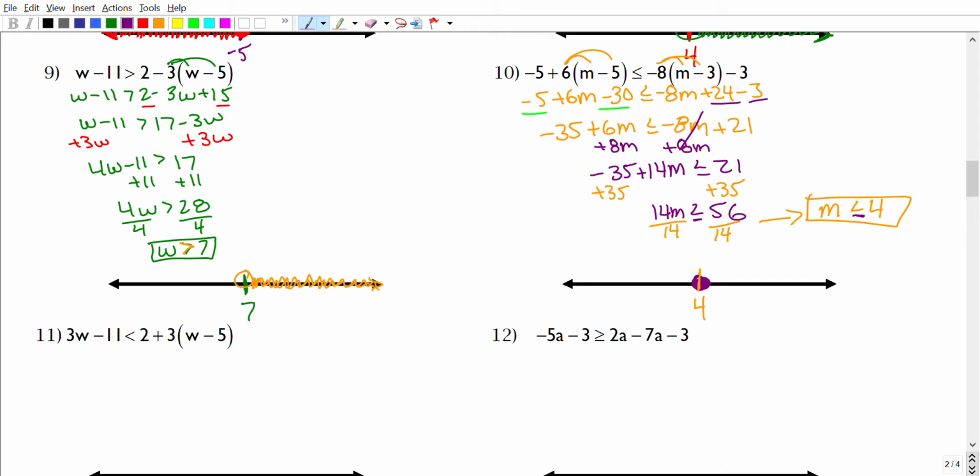And then it's less than, so less than is left. That's another way of remembering less than left, so I shade to the left. All right, cool. So hopefully you guys had those two correct.